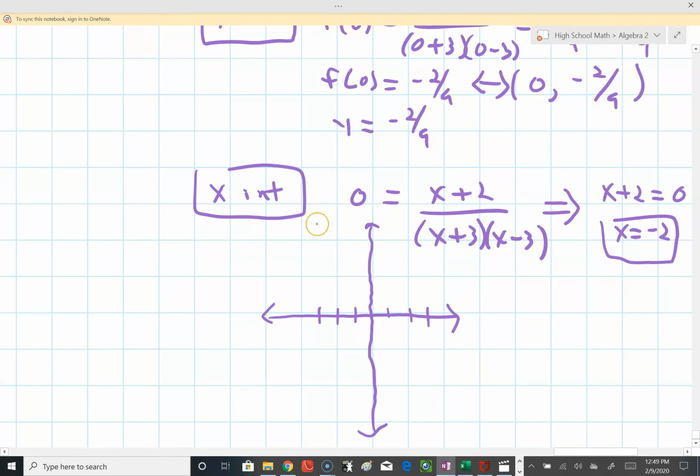Vertical asymptote at x equal negative 3 and one at x equals positive 3. We're going to have a horizontal asymptote at y equals 0.